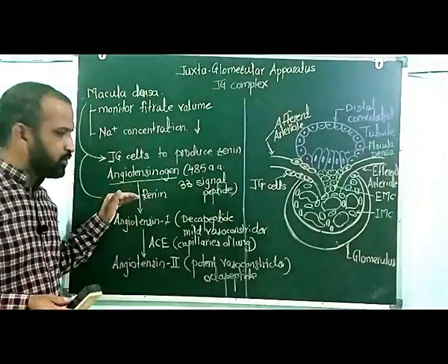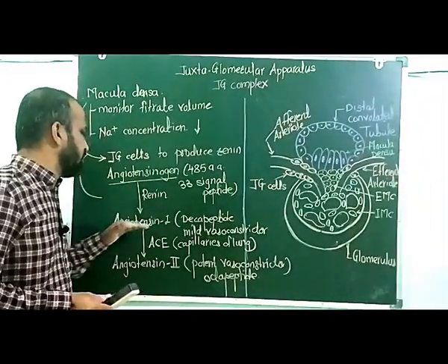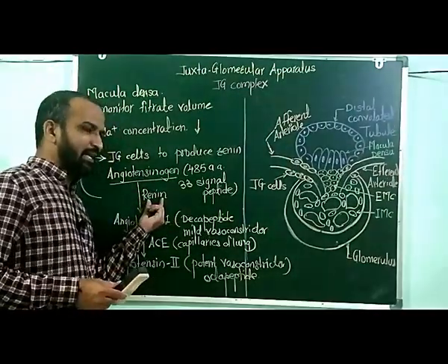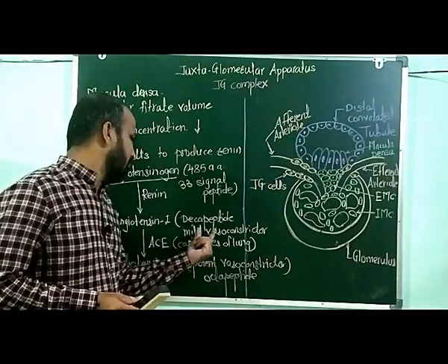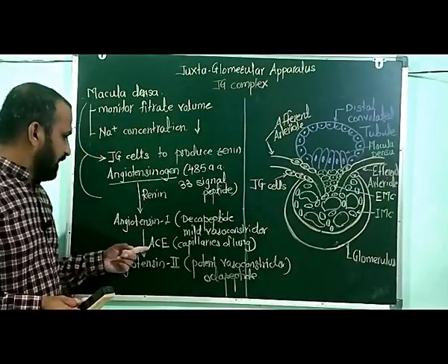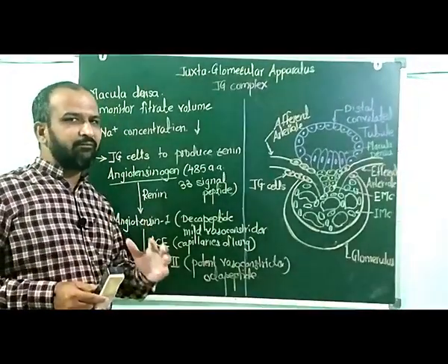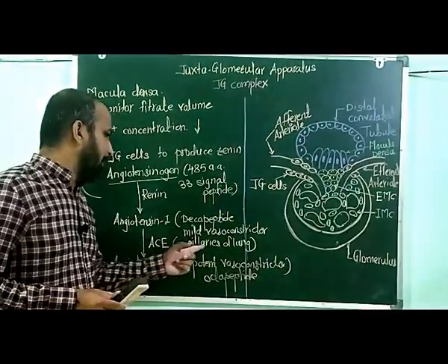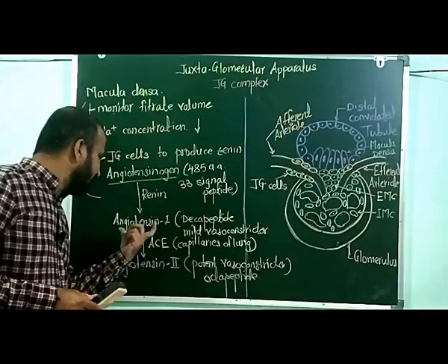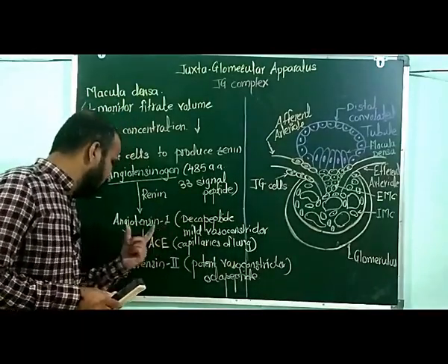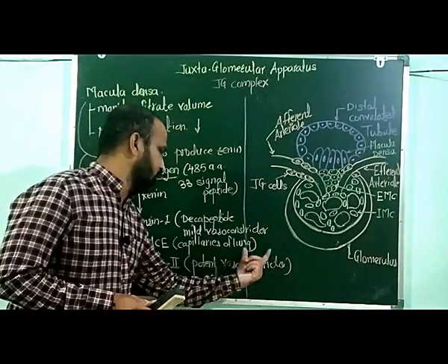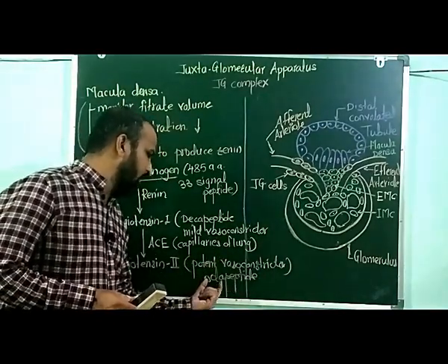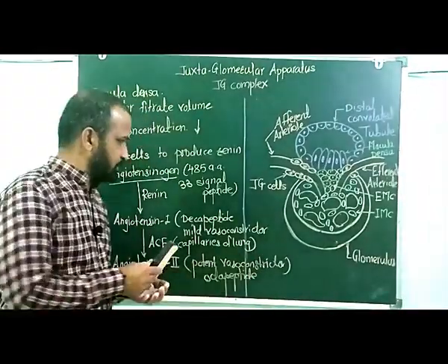Now, this angiotensinogen is converted to angiotensin-I by renin, which is a decapeptide and acts as a mild vasoconstrictor. ACE, that is angiotensin converting enzyme, from capillaries of the lungs, converts the angiotensin-I into angiotensin-II, which is a potent vasoconstrictor and it has 8 amino acid molecules.